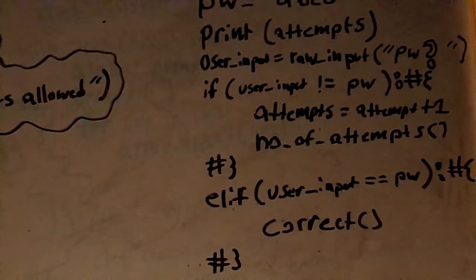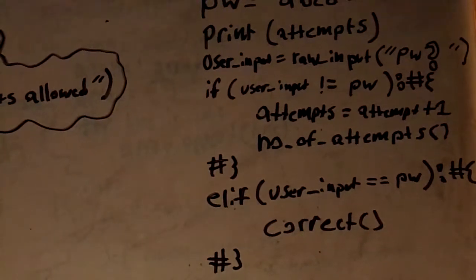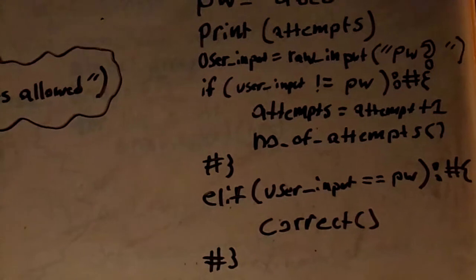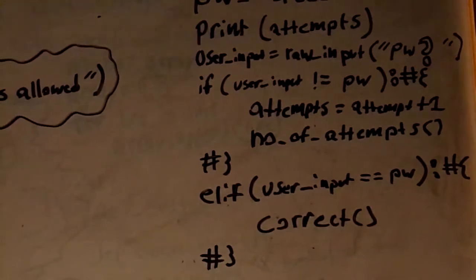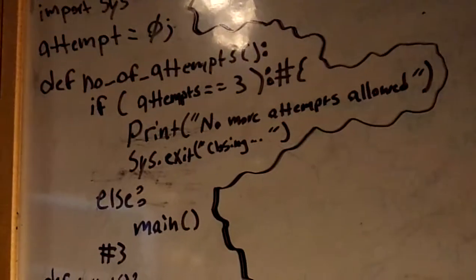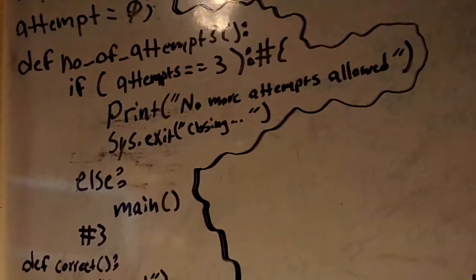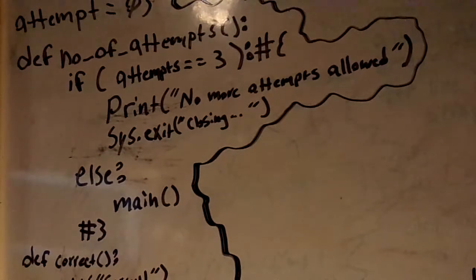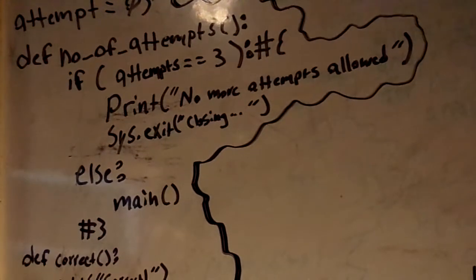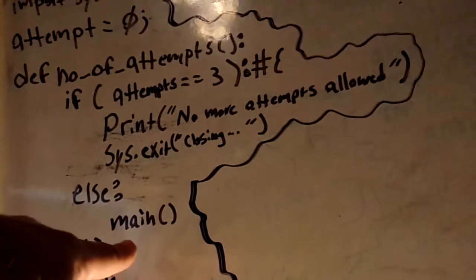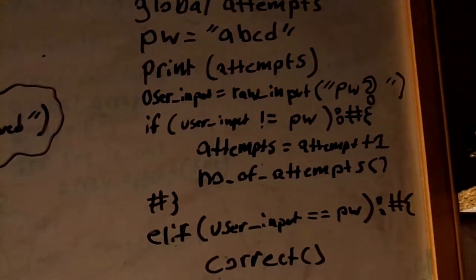If the user's input, which is the password we're asking for, is not equal to the password, then we're going to run the function attempts, and the function attempts is going to number of attempts, see if it's been 3 attempts. If it hasn't, it's going to go back to the main function, and when we get back to the main function, it's going to ask for the password.